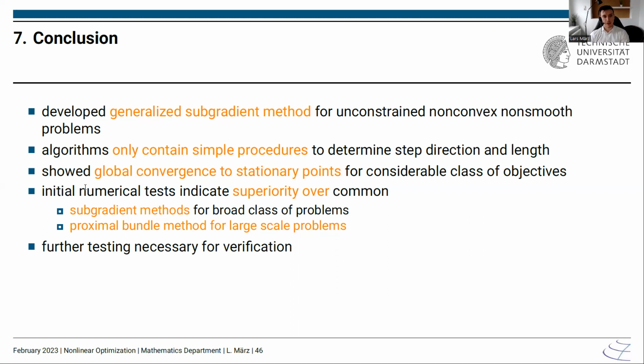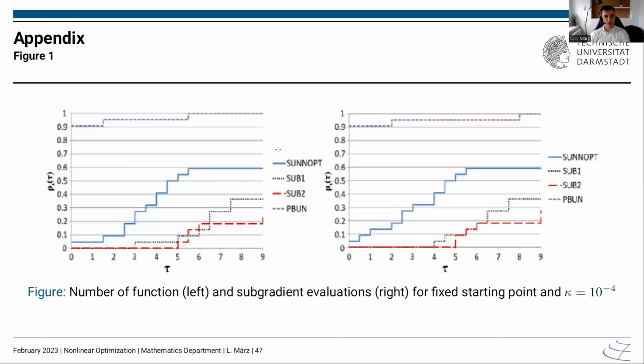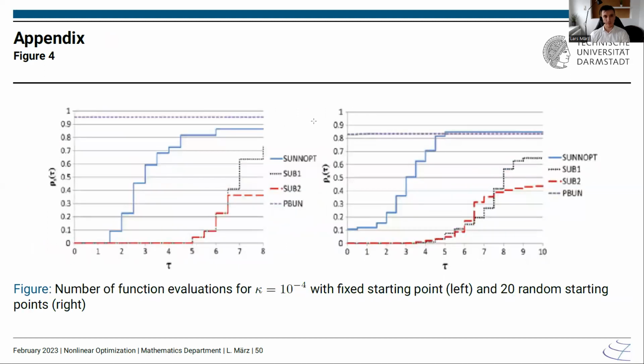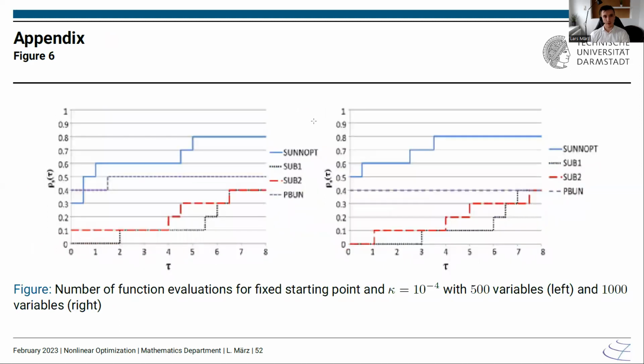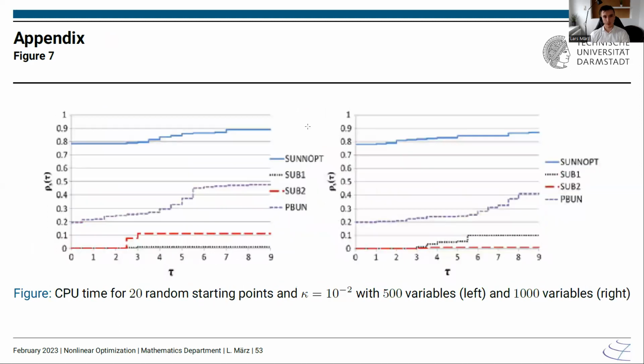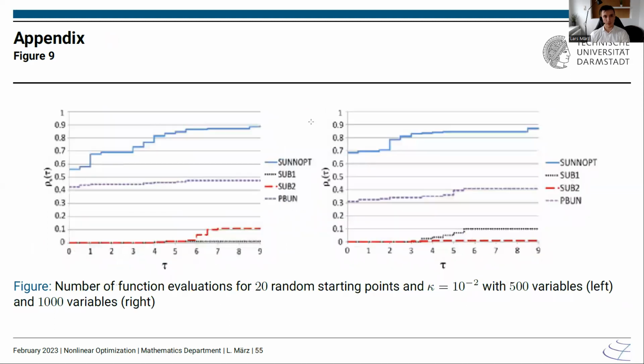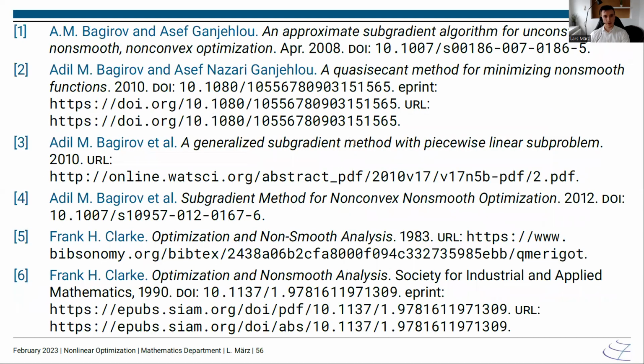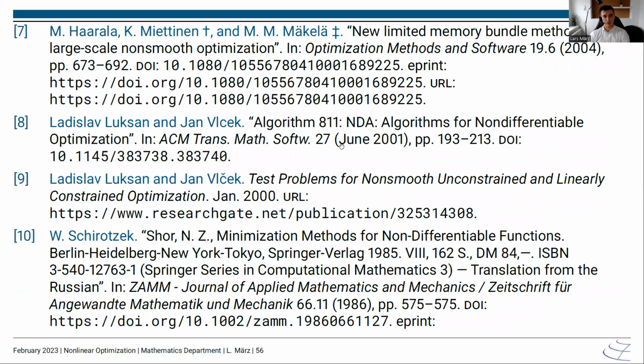But I think it is safe to say that there is further testing necessary for verification of these results. As I told you, here are also the performance profiles of the different problems, of the different accuracies, different performance measures. And those are the references used.